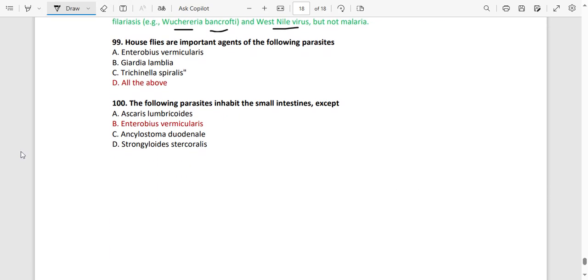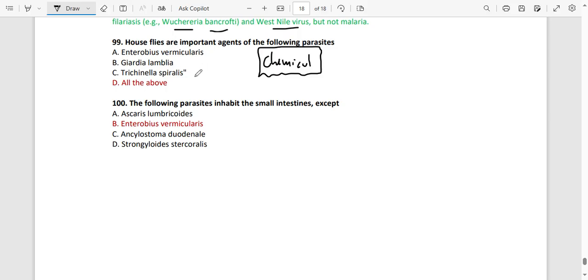House flies are important agents of the following. So house flies act as mechanical vectors. Arthropods can be classified in this way. You have got the vectors. The mechanical ones can just come and touch one thing and then go and infect another portion.